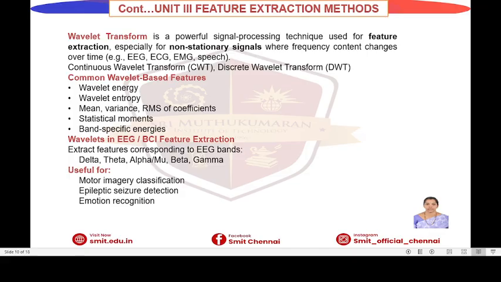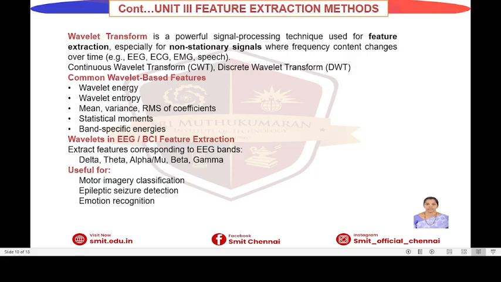This is the wavelet method. It is a powerful signal processing technique used for feature extraction, especially for non-stationary signals. EEG signals are also non-stationary. We have two types, continuous wavelet transform and discrete wavelet transform.